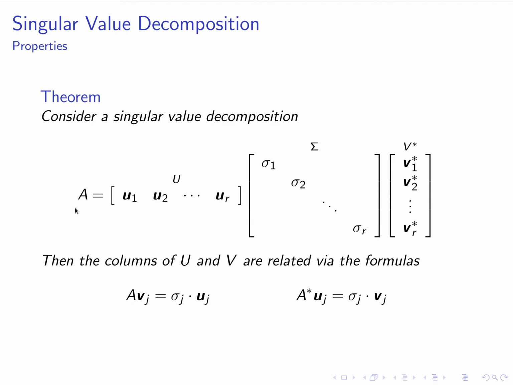So if we are given a singular value decomposition that looks like this, it turns out that the columns of U and V are related to one another via the following formulas.